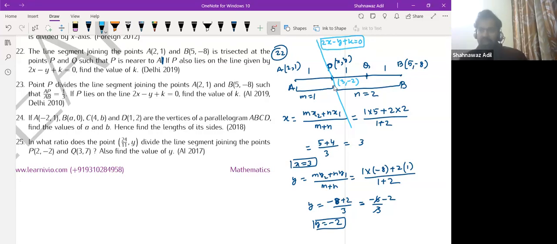So there are all these values of x and y everywhere. And if this point is lying on this line also, then what we can do in this equation? This is the whole idea. If this point lies on the given line, then what we can do?